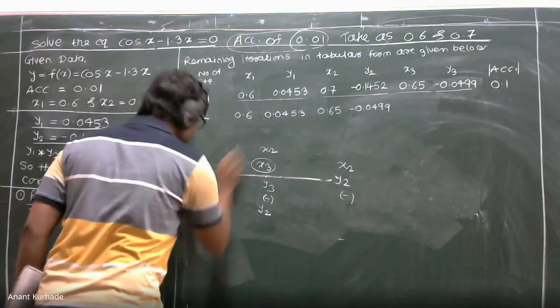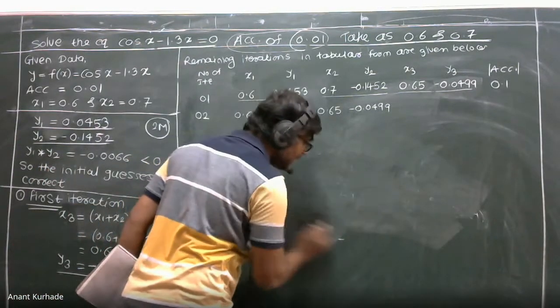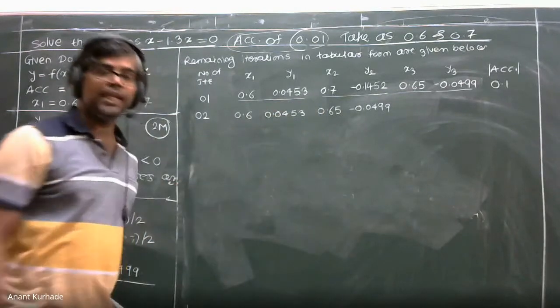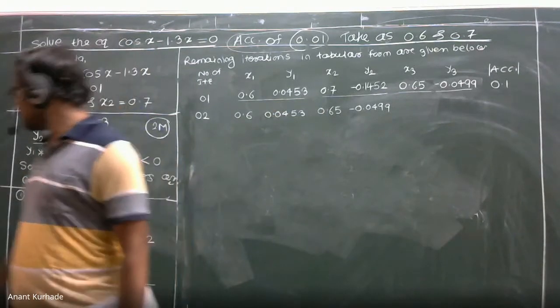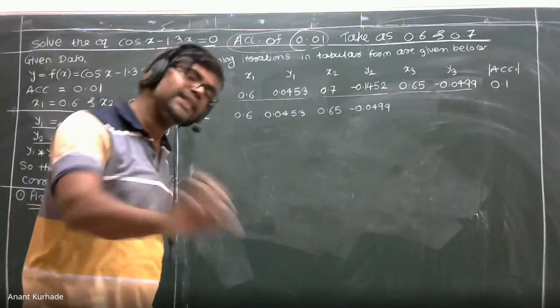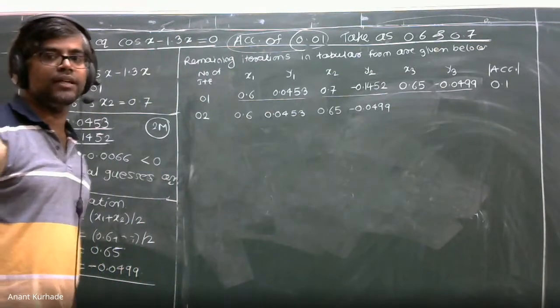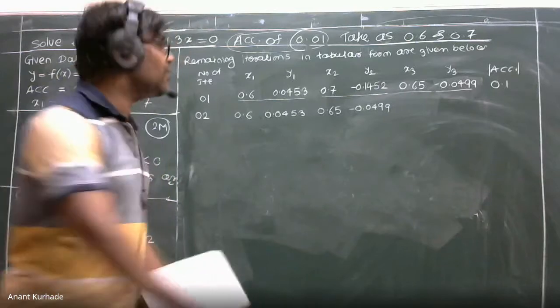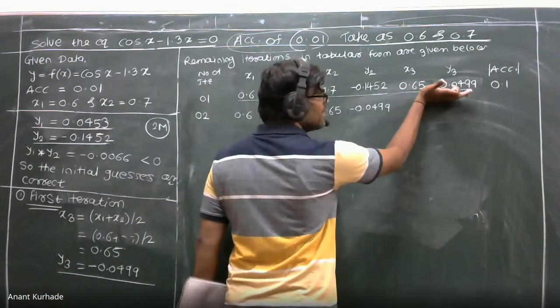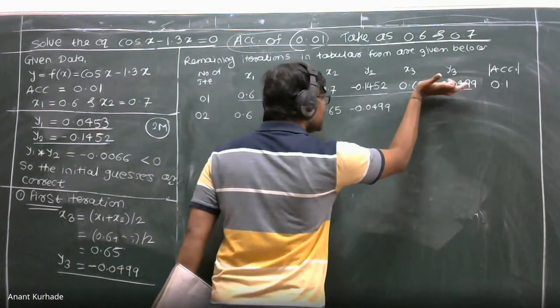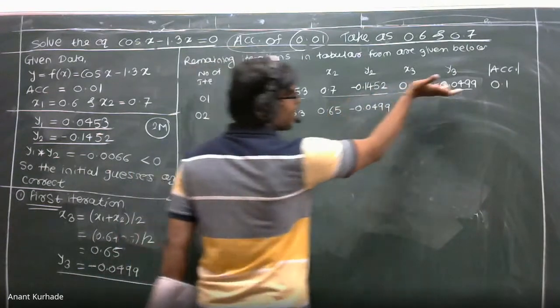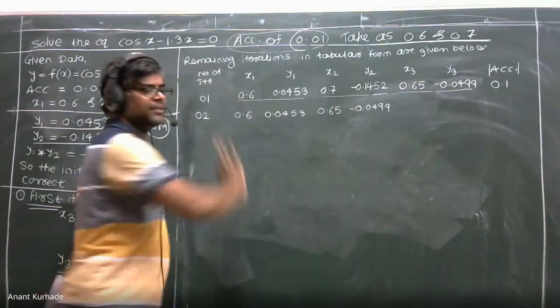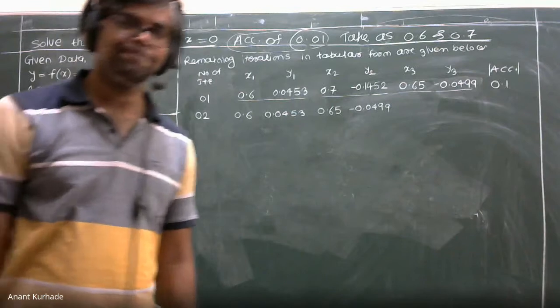Any doubt? This is a very important step. Indirectly, shifting of plus to plus, minus to minus means we are checking the convergence condition. Or just simply remember you have to check sign of y3. If it is minus, shift this to this minus. If you find a plus, shift to this plus. Any doubt up to this?